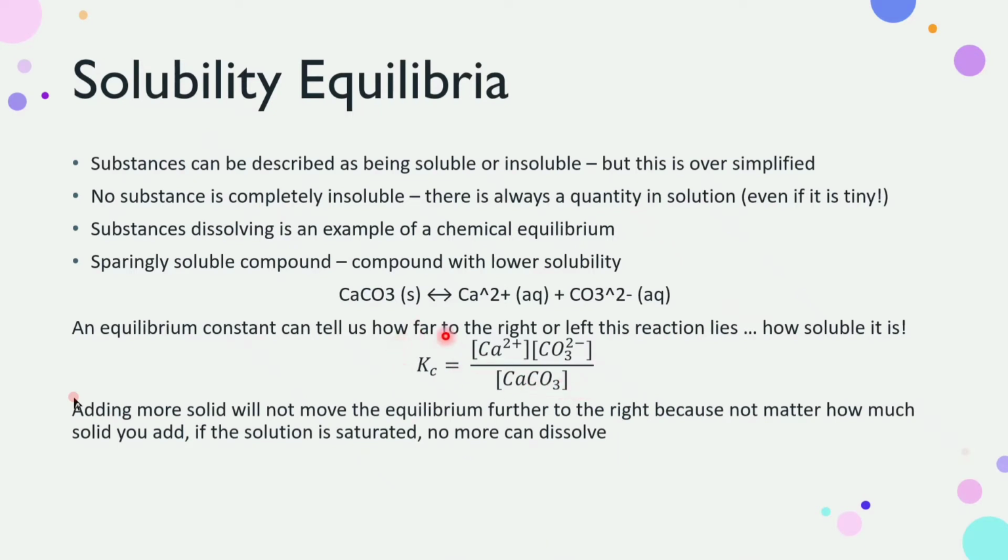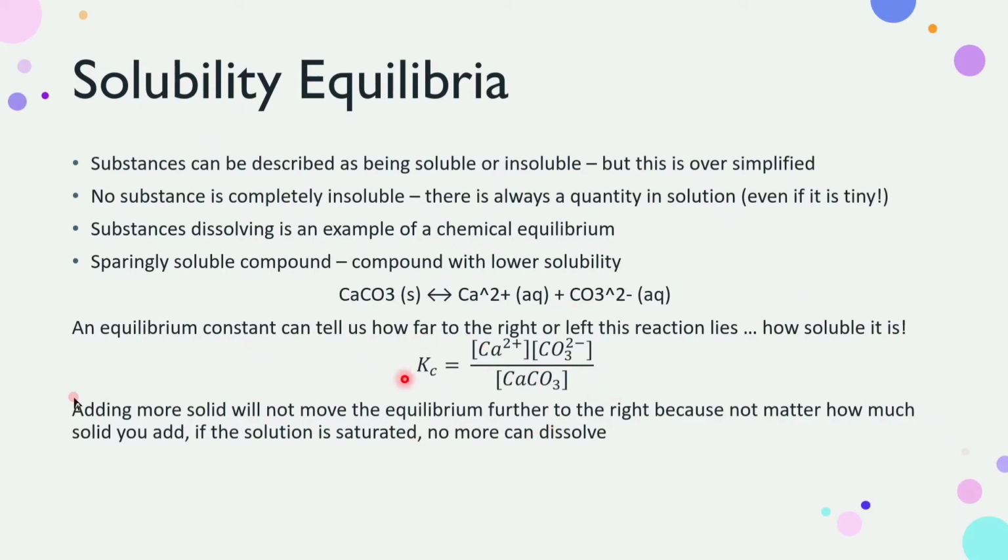However, unlike when using Kc, with solubility equilibria, when we add more solid, so we add more reactant, this will not move our equilibrium further to the right. We will not dissolve more, because no matter how much solid we add, if the solution is saturated, no more of it can dissolve.